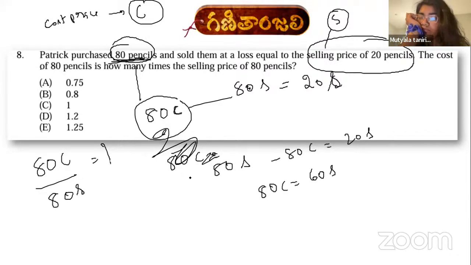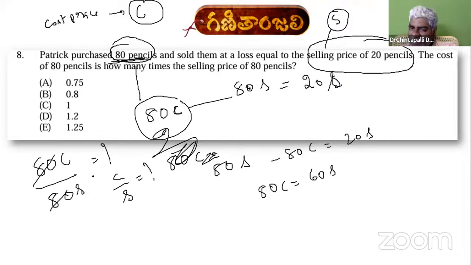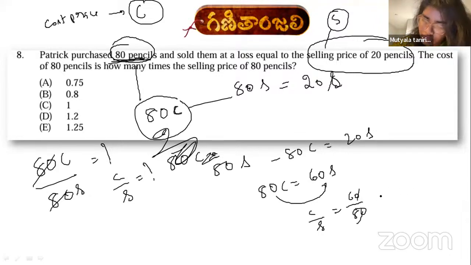Simple. The 80 cancels, so it's nothing but C by S. C by S is equal to 60 by 80, which is 3 by 4, which means 0.75.